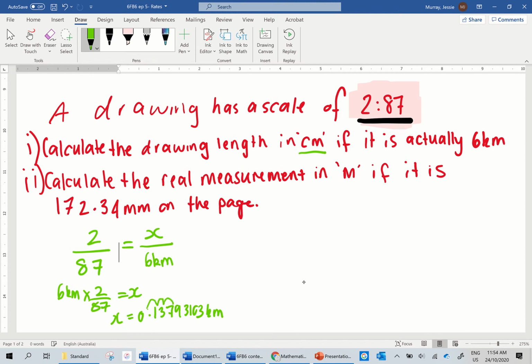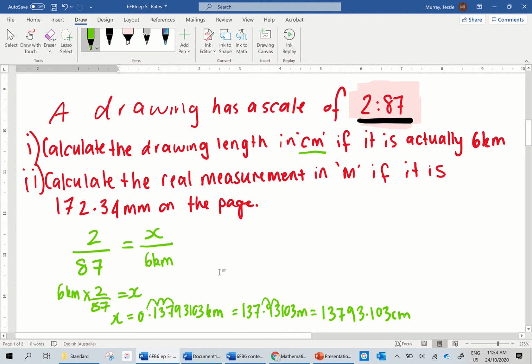So that's 3 jumps. So I'm going to be left with 137.93103 meters, and then I times it by 100, so that's 2 jumps to get to centimeters. So I get 13793.103 centimeters. So that's how many centimeters it would be.